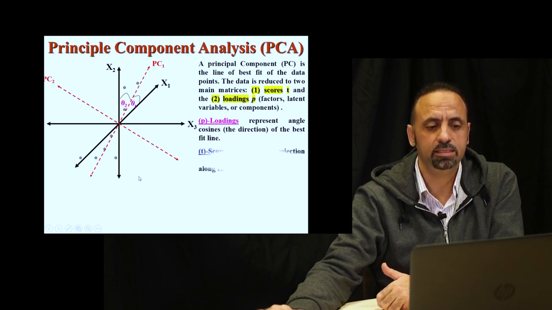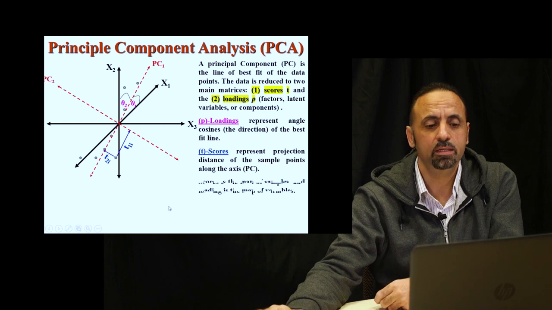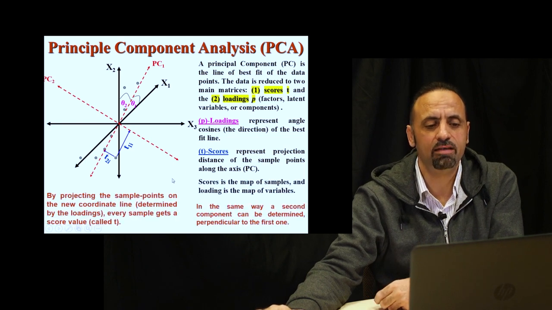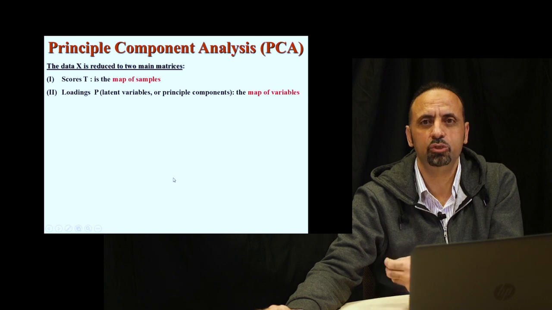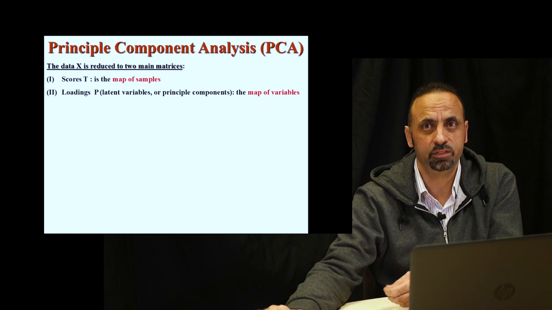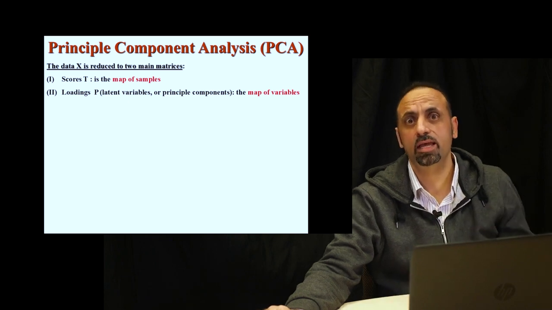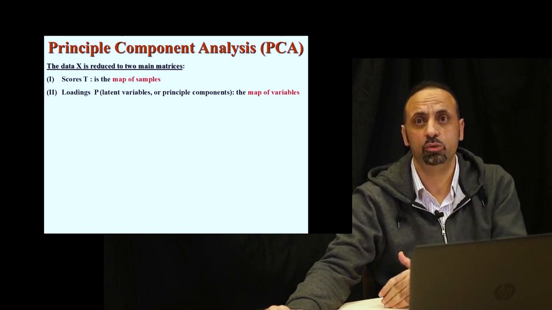And then the score of each sample is the distance along each principal component, which is called the scores, okay? So in general, our data, X data, is divided into two matrices. One is called loadings, related to the principal components, and another one is called scores.